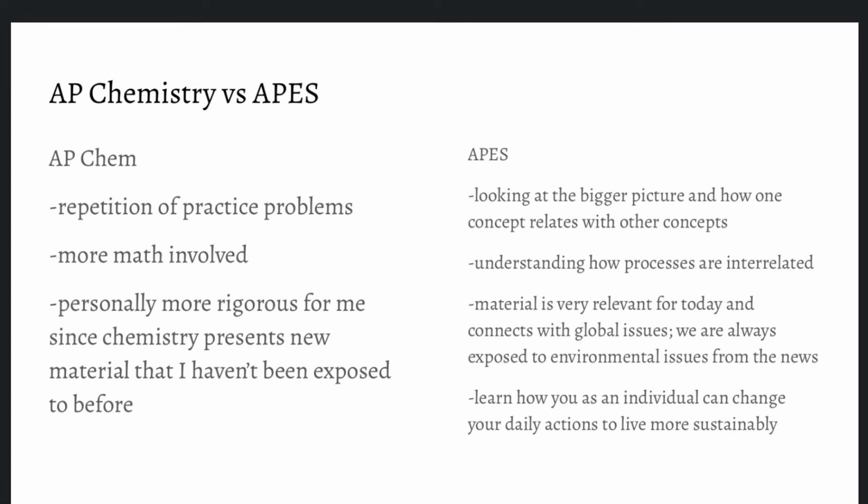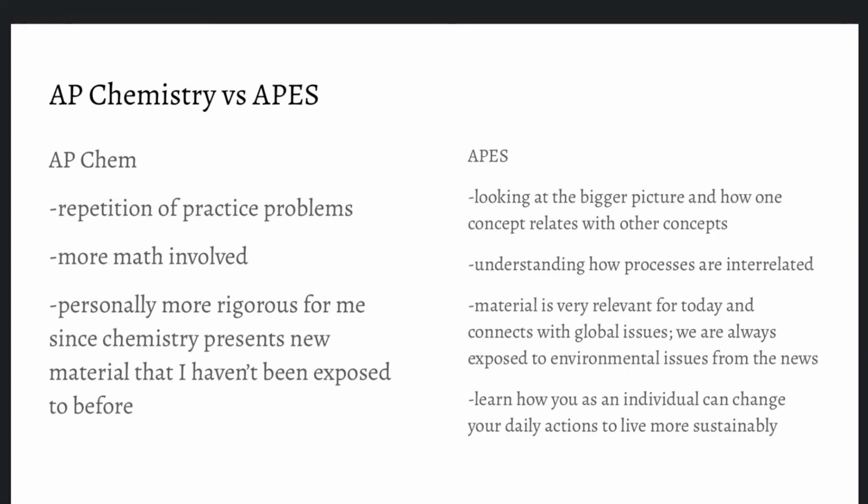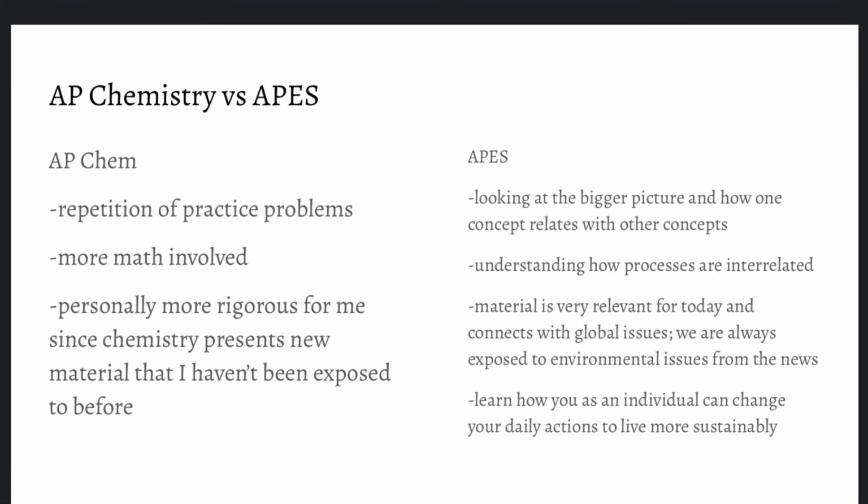AP Chem is personally more rigorous for me since chemistry presents new material that I haven't been exposed to before, whereas for APES, the material is very relevant for today and connects with global issues, and we are always exposed to environmental issues from the news. And for APES, you can always learn how you as an individual can change your daily actions to live more sustainably, so there's a more personal aspect to APES.